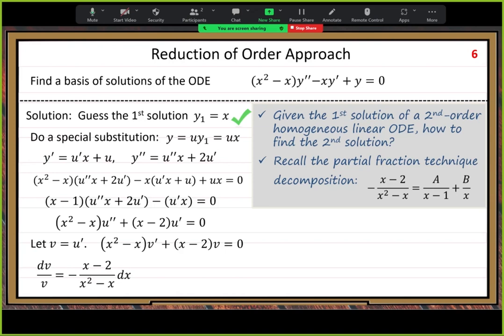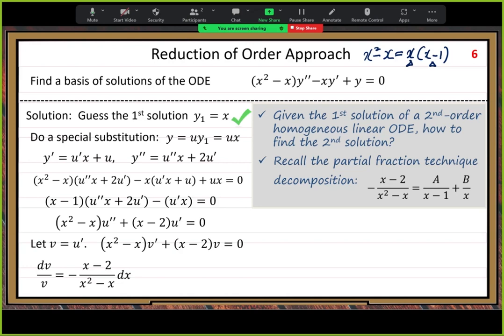To be precise, if I write the denominator x squared minus x, it is x times x minus 1. So here, two linear factors.